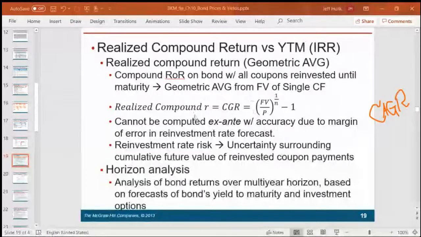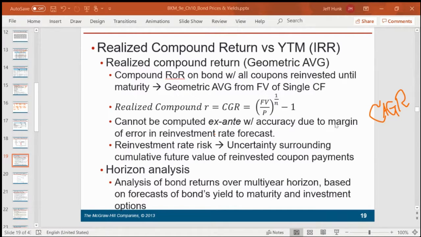I'm going to stop sharing this and go back to it. So then compounded growth rate or realized compound return is basically geometric average, right? And then this is scenario 1 in the house value example.